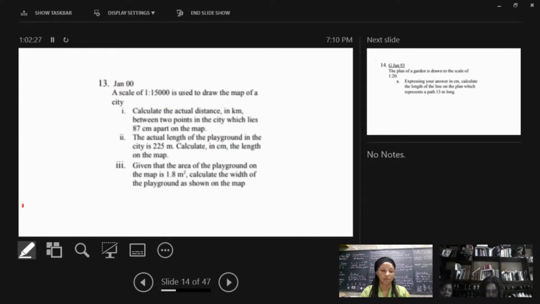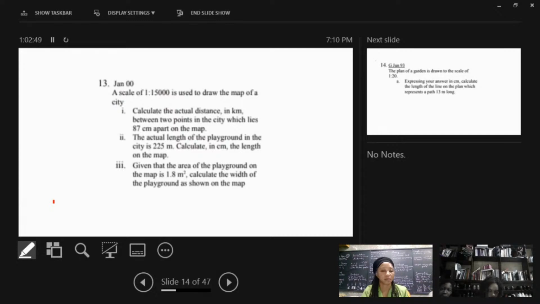Number 13. A scale of 1 to 15,000 is used to draw the map of a city. I. Calculate the actual distance in kilometers between 2 points in the city, which lies 87 centimeters apart on the map.